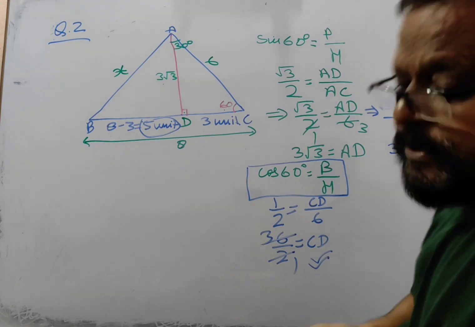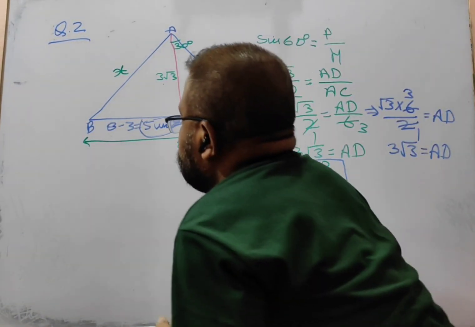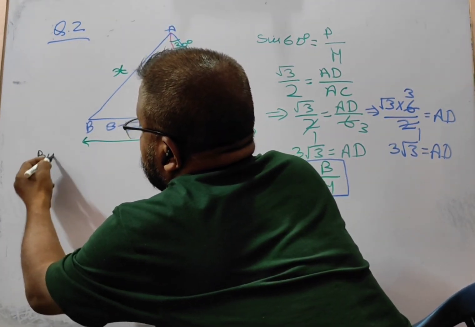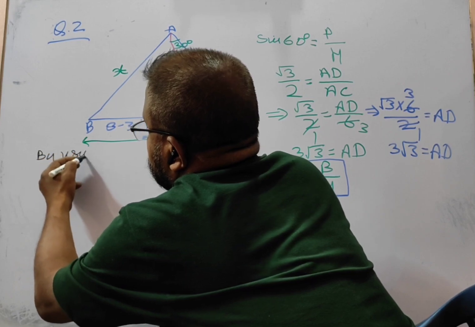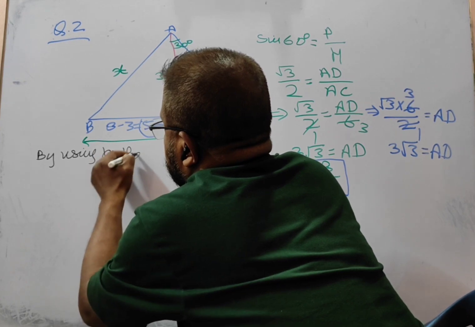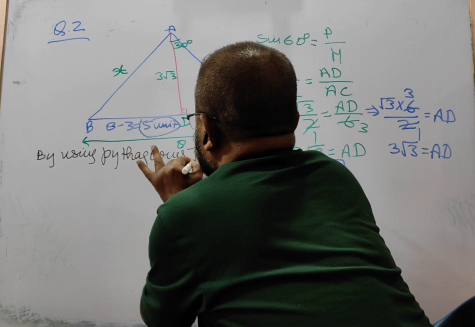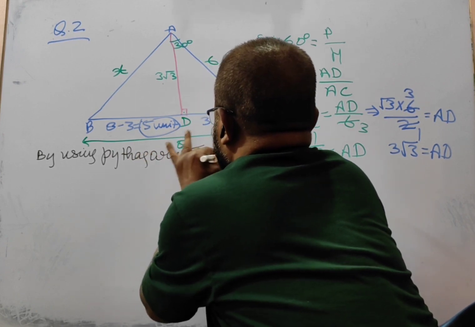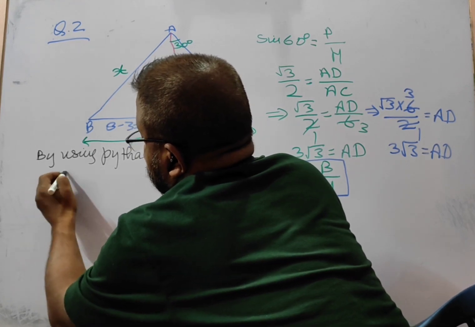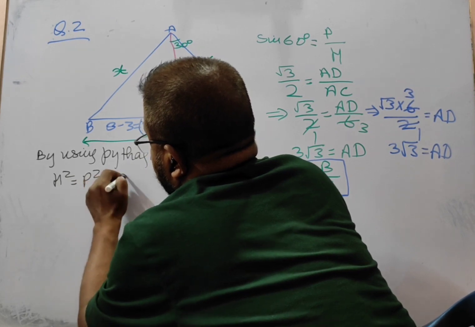Again, by using Pythagoras theorem, hypotenuse square is equal to perpendicular square plus base square.